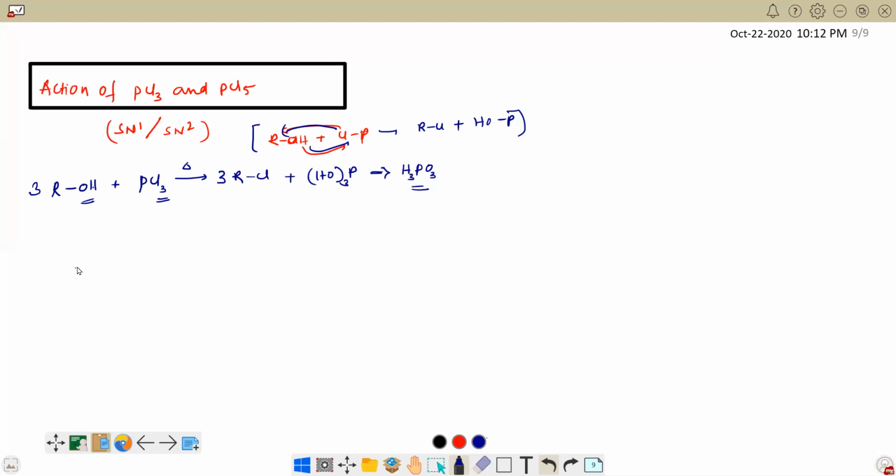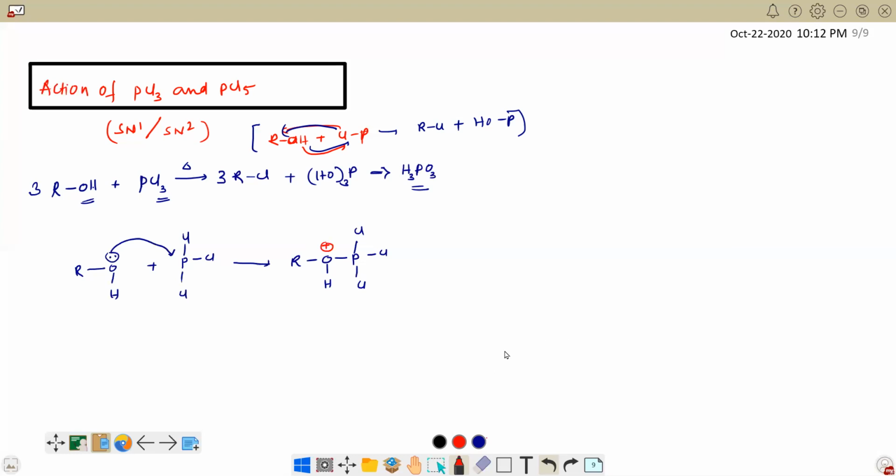Try to understand. ROH, and PCl3. This Cl has a lone pair of electrons which will be transferred to the vacant d orbital of phosphorus. So what we get here: ROH, this is P, this is Cl, Cl, Cl. Now this oxygen becomes a good leaving group because of the positive charge.